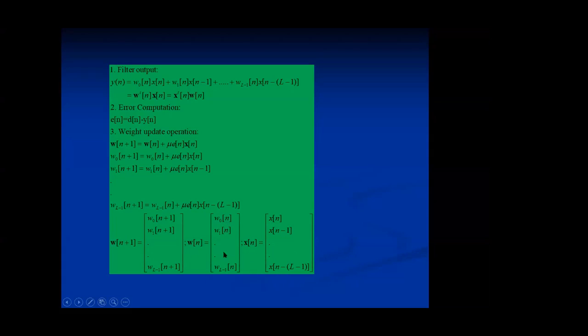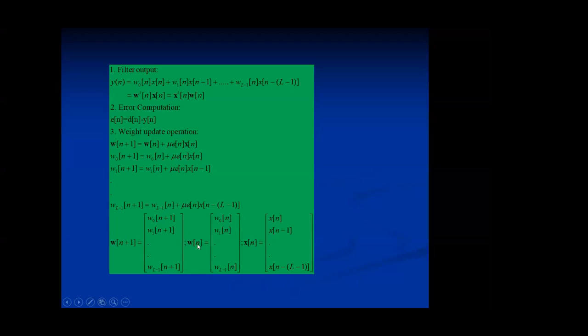Then w, the filter weights. We have L filter weights, w0 of n, w1 of n, and so on up to w L minus 1 of n. Now, if I take the transpose of w of n, w transpose of n into x of n, this column vector becomes a row vector. So this will multiply w0 with x of n, w1 with x of n minus 1, and we get this expression.